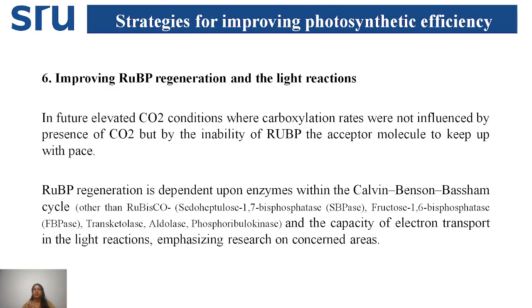So we have these strategies to improve photosynthesis, and nowadays scientists are also engineering C3 plants, converting C3 plants to C4 by inserting the Kranz anatomy, the GOC pathway, or a carbon concentrating mechanism in C3 plants. By that they are trying to improve the photosynthetic efficiency of these plants.